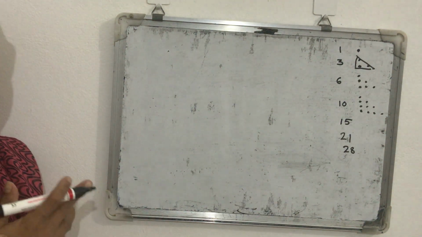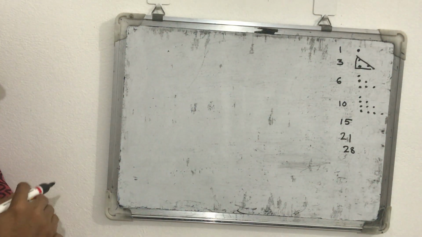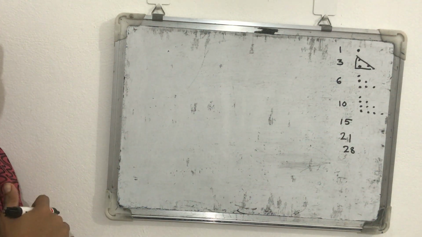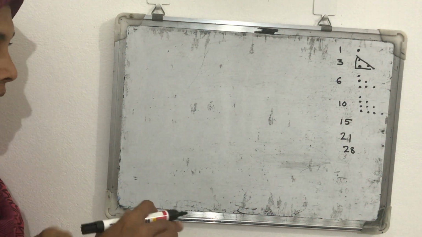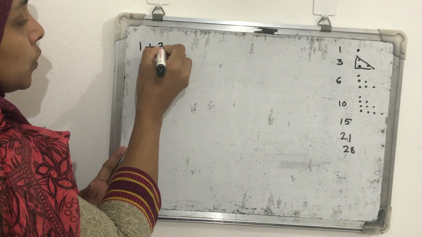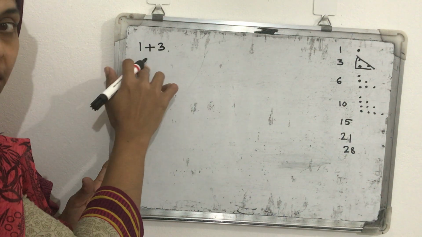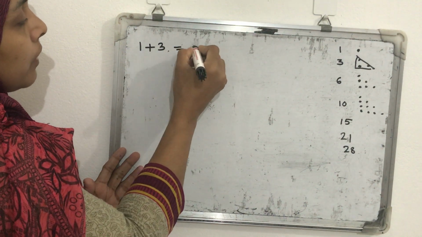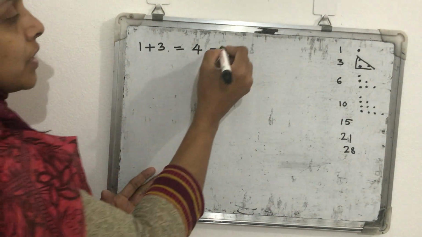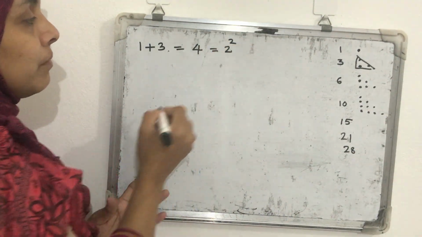If you want to remember them in that order also. Now here in this case, what we are discussing is, when we add 2 consecutive triangular numbers, what will happen? That we can check. 1 plus 3. First we are adding the first 2 triangular numbers. 1 plus 3 equals 4. That will be a square number. Which square? 2 square.